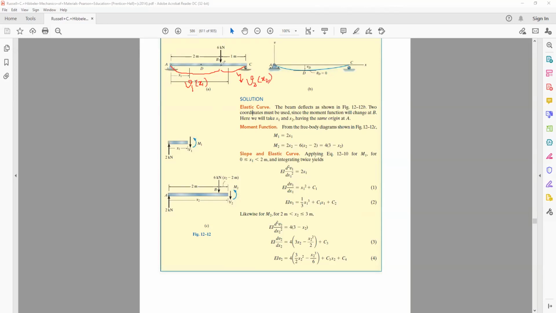But if you look here, at the intersection, we cannot have two values of deflection at this very point.